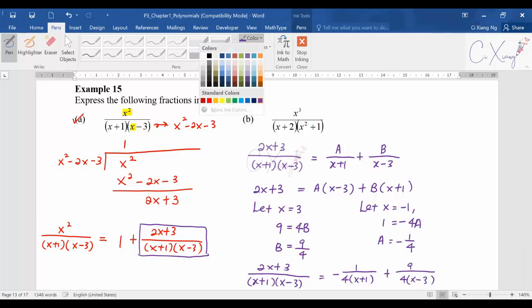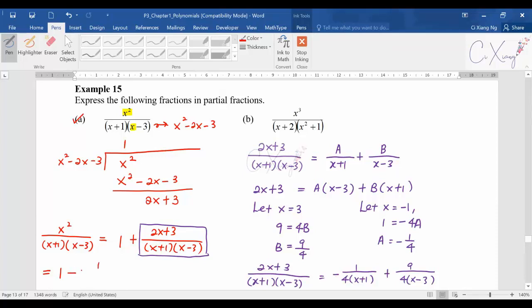So you bring it back to the original answer here, so you can continue. The original answer will be 1 plus, because here there is a minus, you put minus negative 1 over 4(x plus 1), then plus 9 over 4(x minus 3). Okay, so this is your correct final answer for the partial fraction.